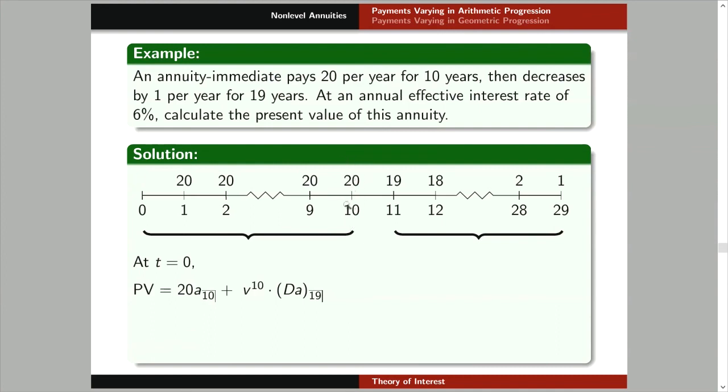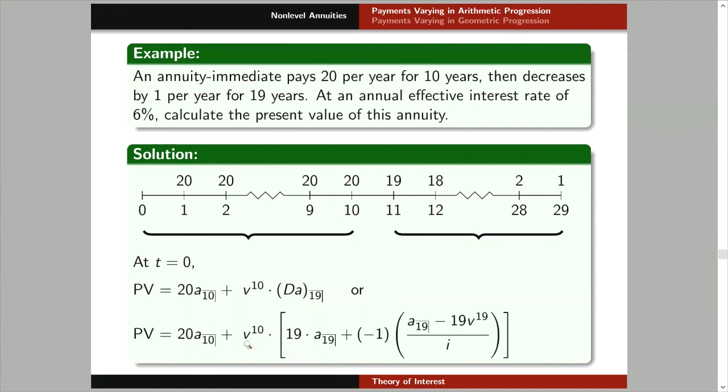To carry it to time 0, we multiply D a angle 19 by v to the 10. Or, if you don't like to use this actuarial symbol, you can use our single formula. This is how you get the present value.